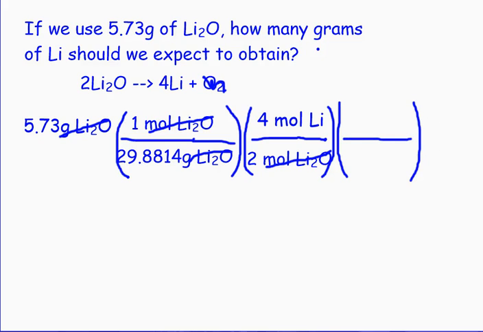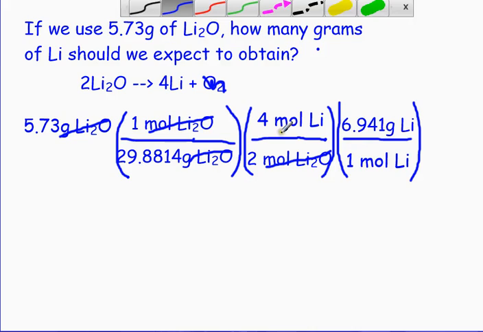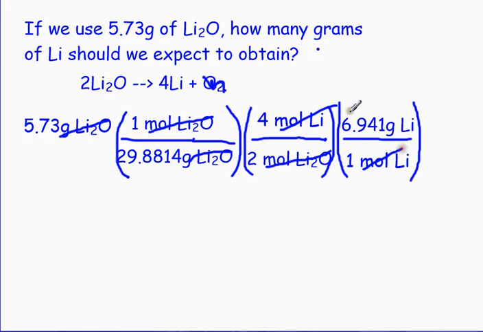Since moles of lithium is on the top, I need to put the moles of lithium on the bottom, and the mass of 1 mole of lithium goes on the top. Again, this is the mass of 1 mole of lithium. So the units moles of lithium cancel out, and when I plug this into my calculator, it's 5.73 times 1 divided by 29.8814 times 4 divided by 2 times 6.941 divided by 1, and that gives me 2.66 grams of lithium.